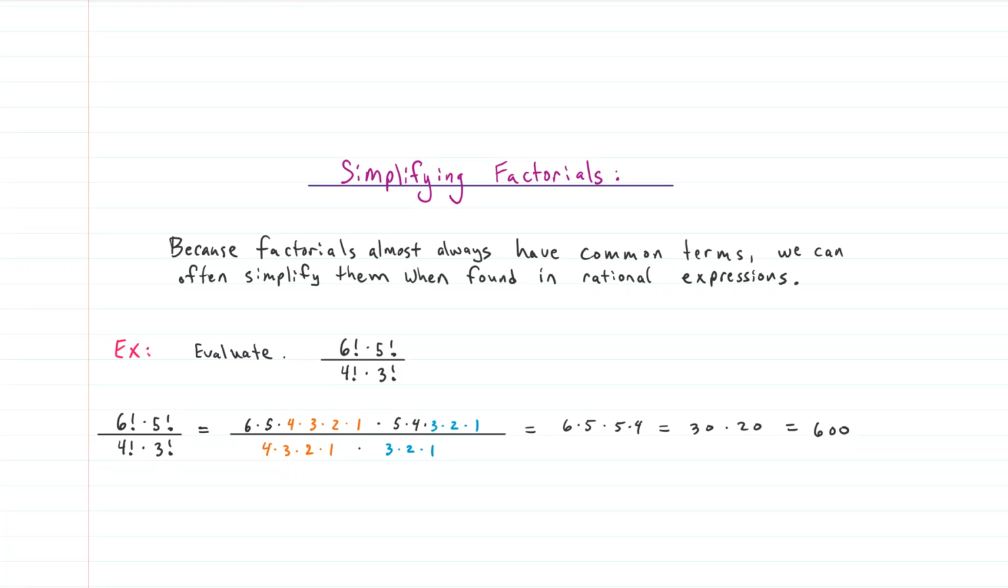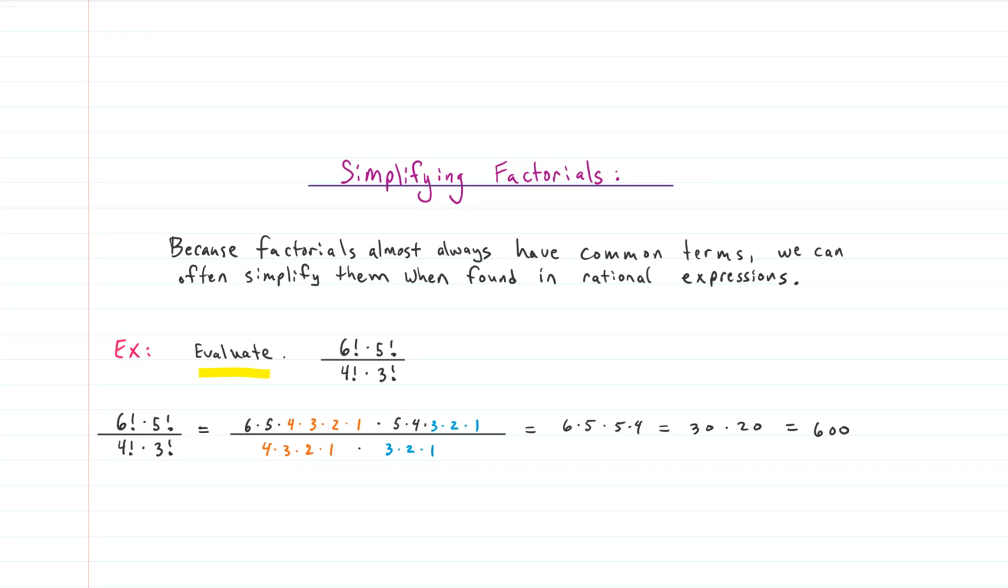If I was to evaluate 6 factorial times 5 factorial divided by 4 factorial times 3 factorial, I could write out all of the numbers to see what the repetition was. And I would see that there's actually a lot of common terms that can cancel. For example, 6 factorial, I've written out 6, 5, 4, 3, 2, 1.